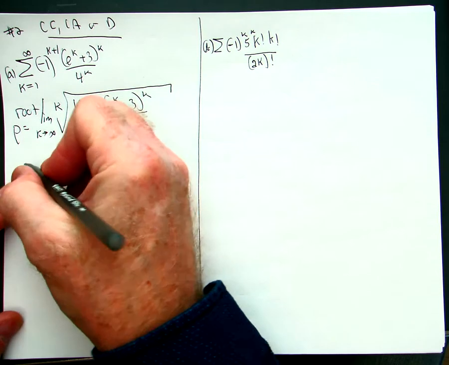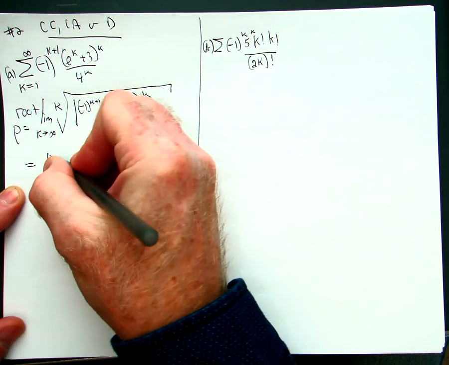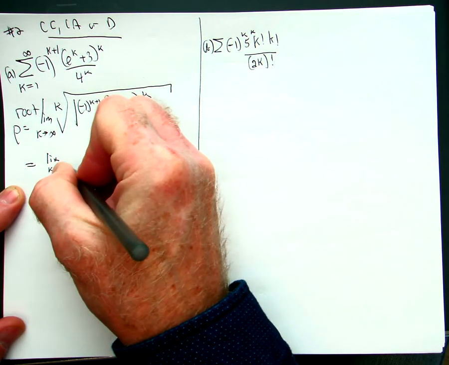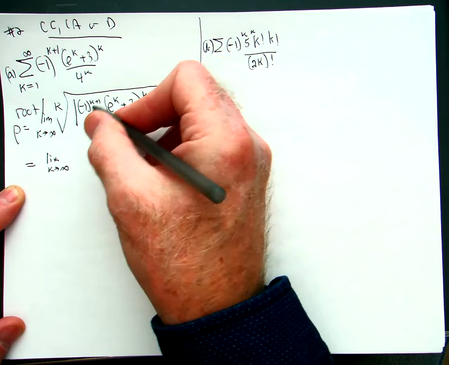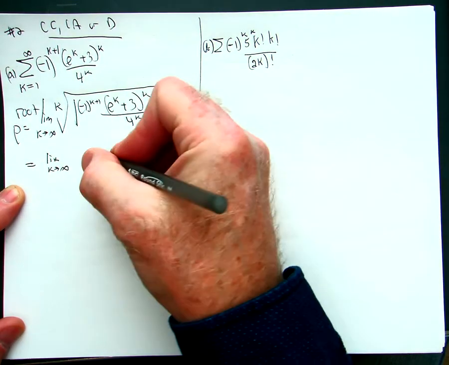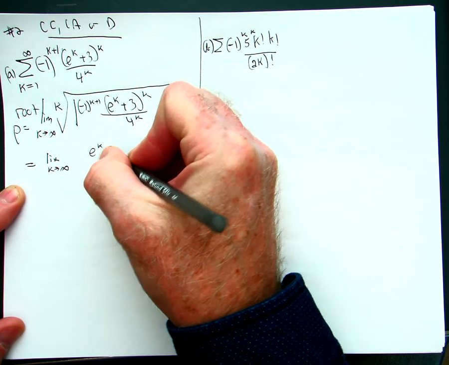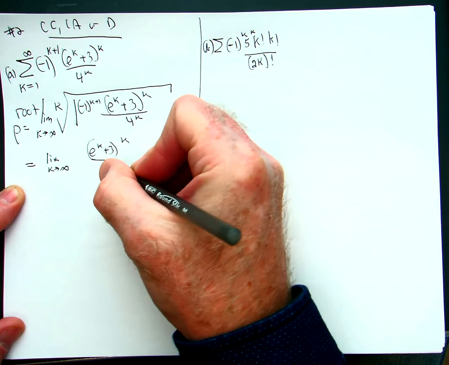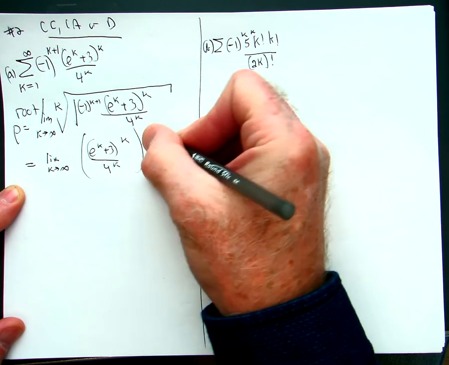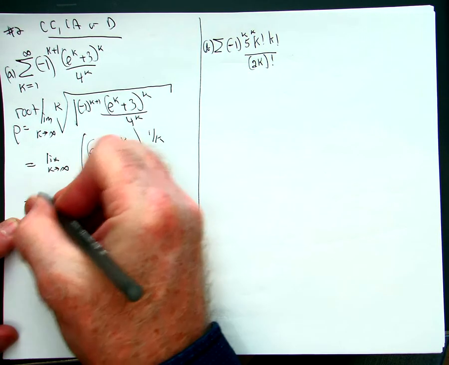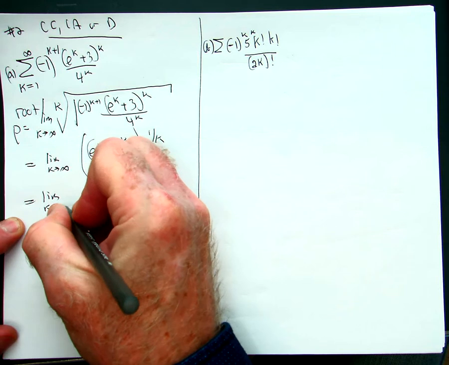Okay, and this is going to be equal to the limit as k goes to infinity. The absolute value takes away this. That's negative, so that's going to go away. So it's going to be e to the k plus 3 to the k over 4 to the k, all to the 1 over k. This limit's going to be infinity, as you'll see.